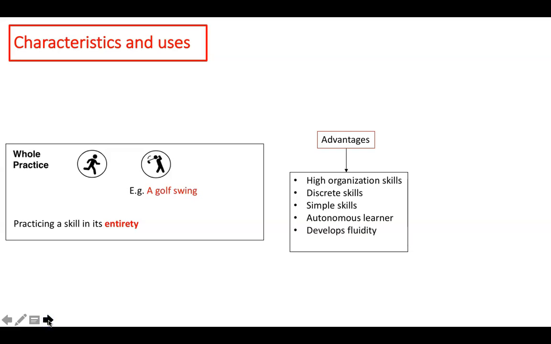And this develops fluidity because you are practicing the skill as a whole. So you get used to the whole feel of the skill. So it's not jerky, it is fluid. And it's the most realistic because as a golf swing, you're practicing it in its whole entirety. Therefore, you're going to be doing that when it comes to performance. So therefore, it's really realistic.